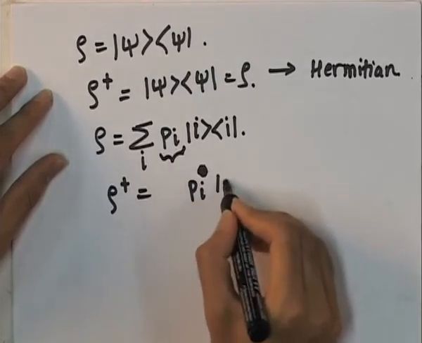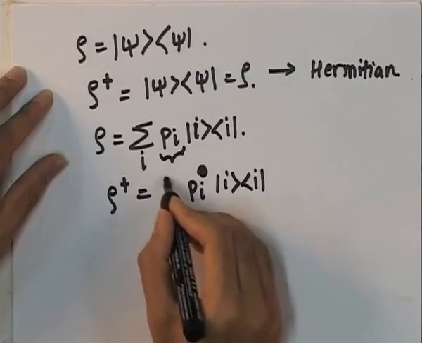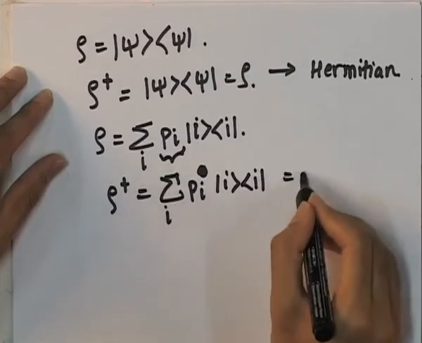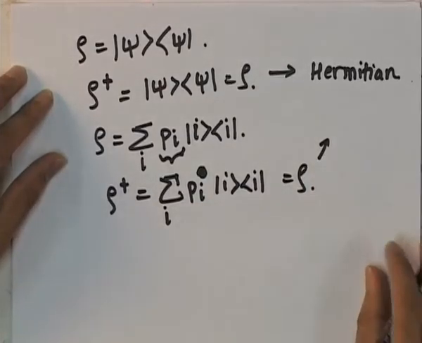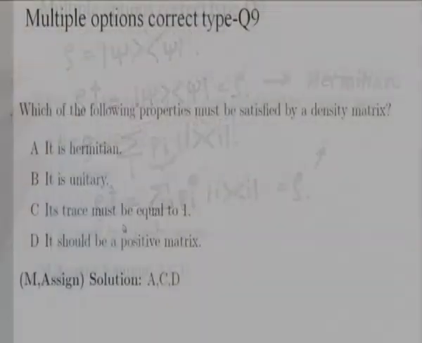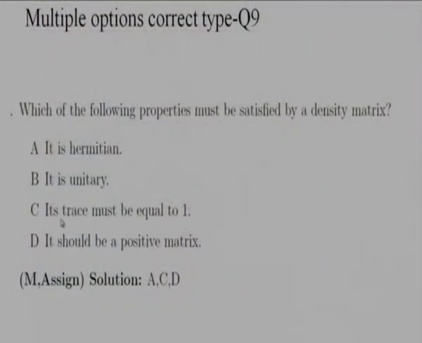So again we get rho. So rho is again Hermitian. So the first option is correct. Also, as discussed in the lecture, the trace is also equal to 1 and it is also a positive matrix. So the correct answers are options A, C and D.